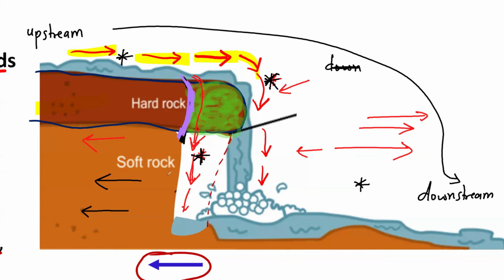If this process continues, your waterfall will end up here and your water will start falling here. So the waterfall is retreating back. It is going backwards. That's why it's known as backward erosion, aka headward erosion, because it is eroding towards the back of the stream. It is retreating upstream.